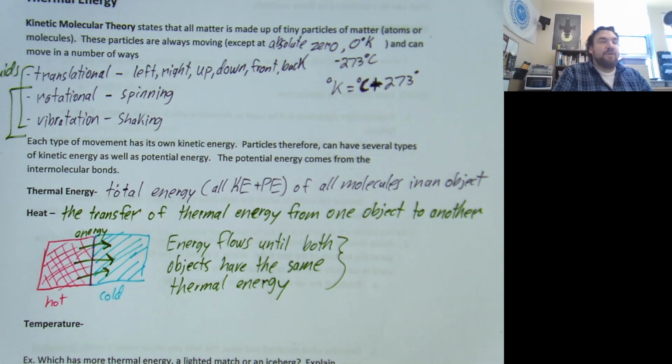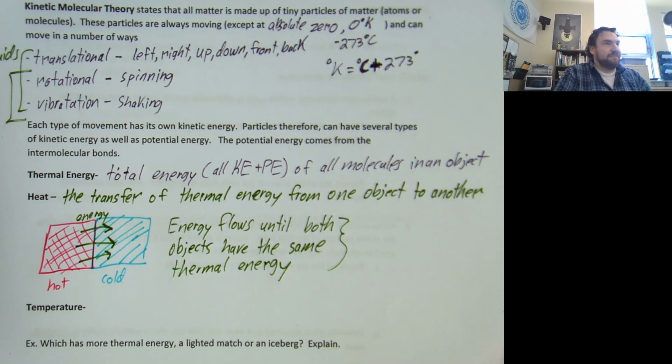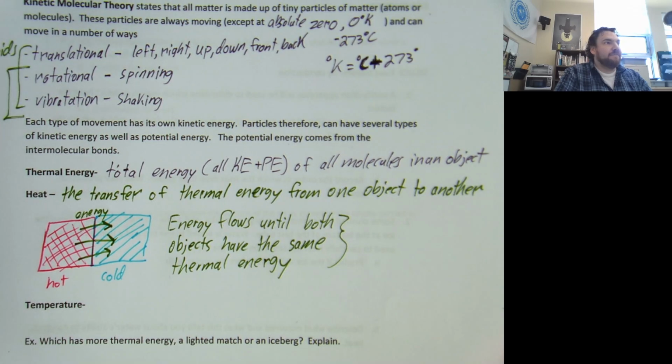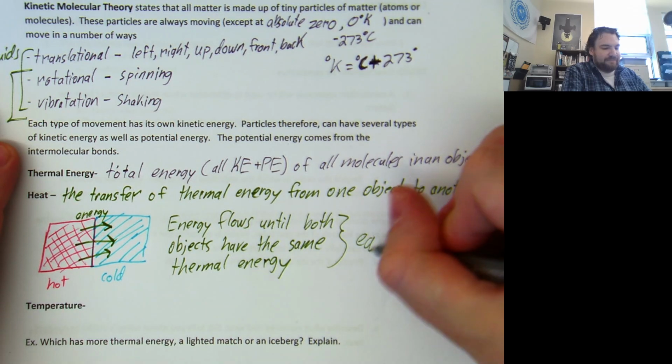What do we call it when both objects have the same thermal energy, do you think? Using physicsy words we've looked at before. What is a way to make this thing sound more complicated than it is? Yeah, we're going to use that word equilibrium.